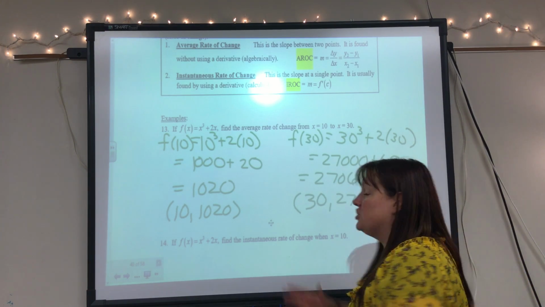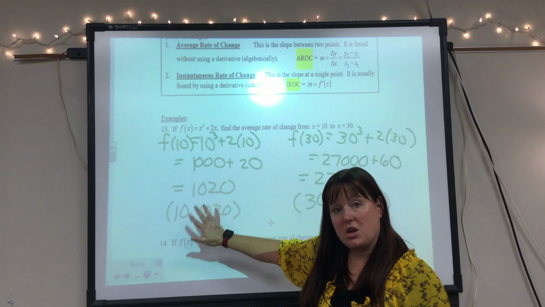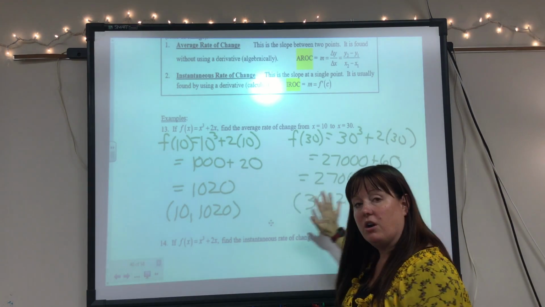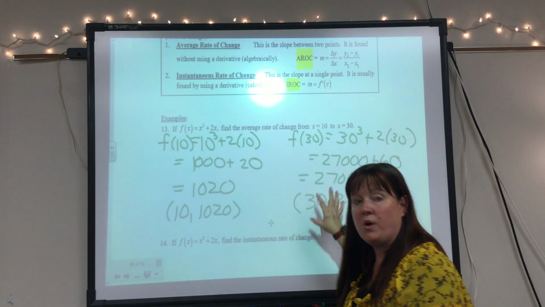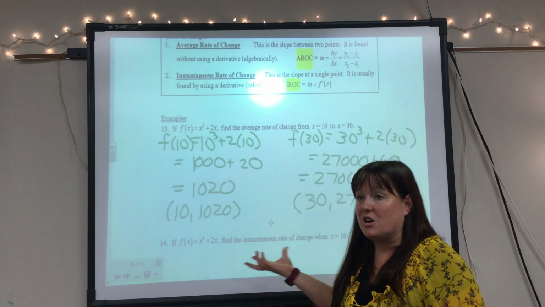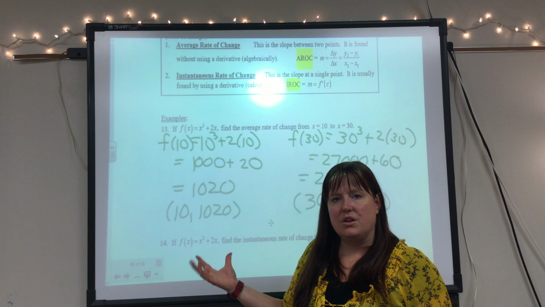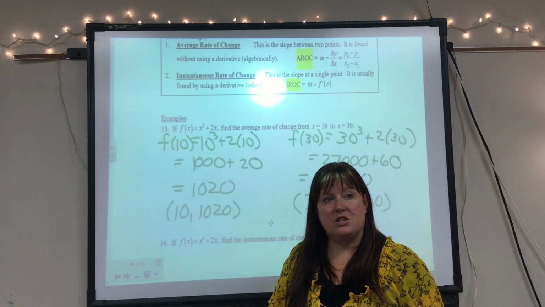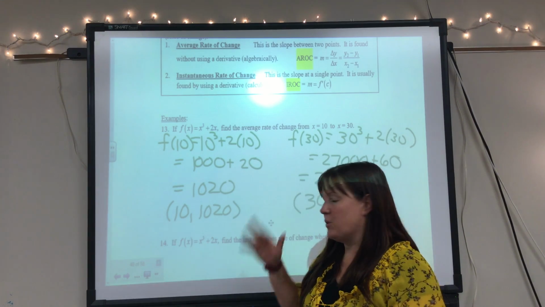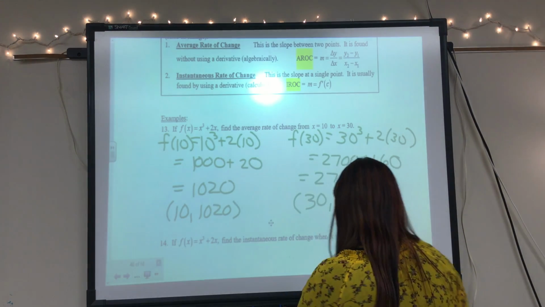So now I have 2 points. This is 1 point on my curve, and this is another point on my curve. What I'm trying to do is find the average rate of change between these 2 points. So it's just our standard slope formula. This isn't a line, this is a curve, but we're figuring out, if I averaged the rate of change from this point to this point all together, what would my average rate of change be?